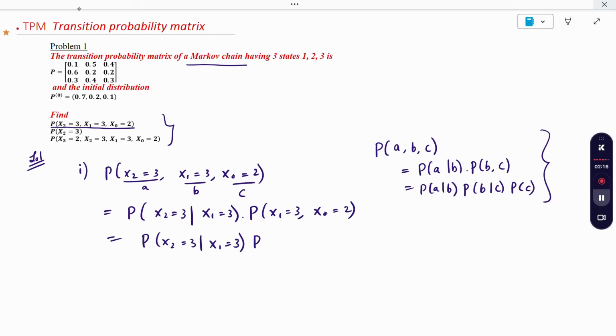Now both are in commas, so I write it as a conditional probability, given x0 equal to 2, into the last probability of x0 equal to 2. Now I have completed it, and what I have written is nothing but the shortcut. This is the formula, the abbreviation form. It is like a Chapman-Kolmogorov equation. I can write this as a shortcut.